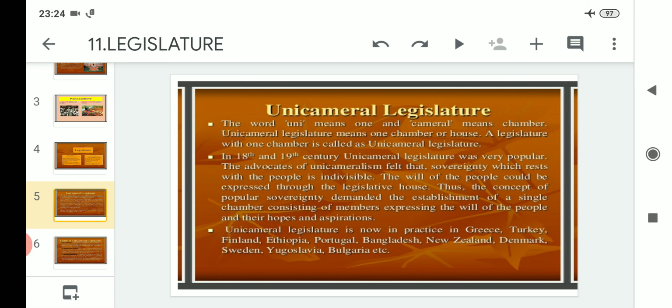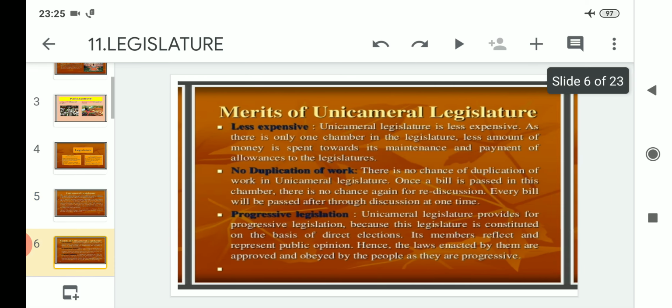After that, we read about some of the countries that follow unicameral legislature, and after that we tried to understand the three merits of unicameral legislature, which can also be called the advantages.